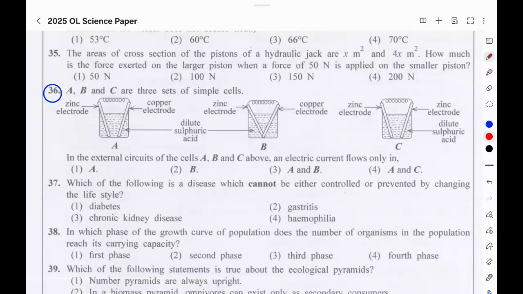Yeah, so in capital B, you can see that the copper electrode and zinc electrode both are touching. So therefore, it cannot be the correct one. In capital C, you can see both of them are zinc electrodes. It's also not correct. So therefore, here the first one is the correct one.